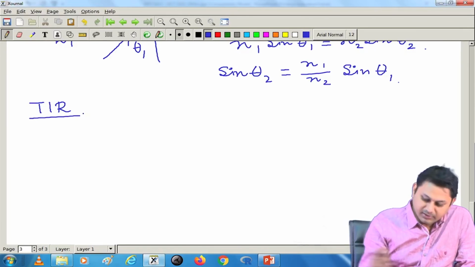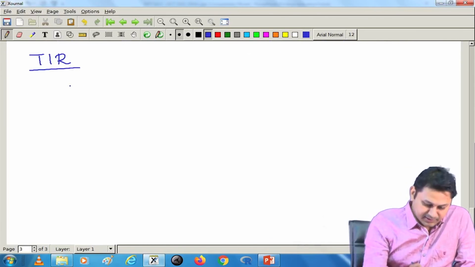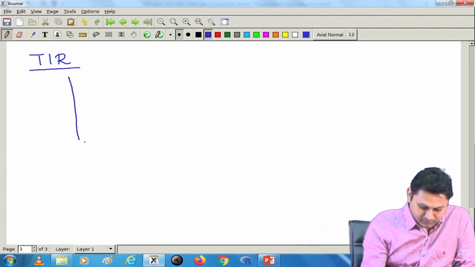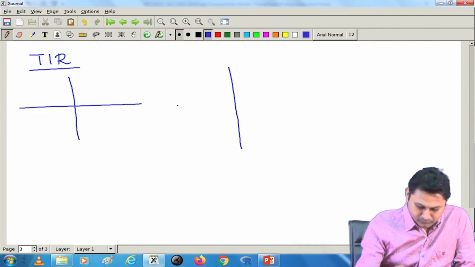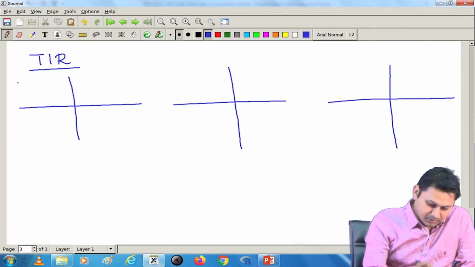Before concluding today's class, let us quickly understand what is the meaning of total internal reflection. Let us consider three conditions. I have n2, n1 and n1 is greater than n2.